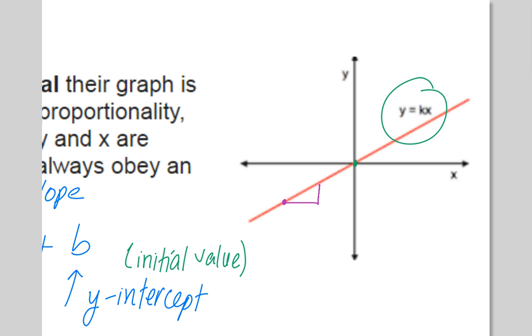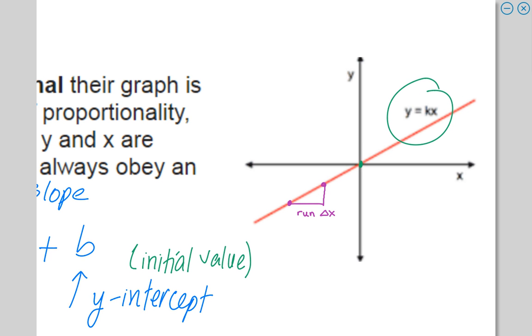Any 2 points. Doesn't matter which 2 points? Does it matter? Any 2 points. And you need the change in the horizontal. They call that the run. In physics, we would call that delta x. Why delta x? What's delta? Change. What's x? Obviously the horizontal component. What's the rise?